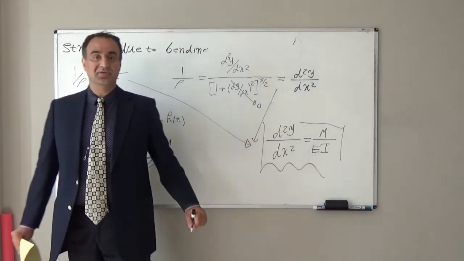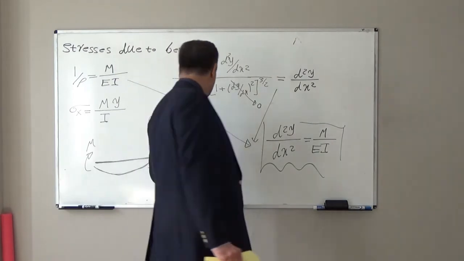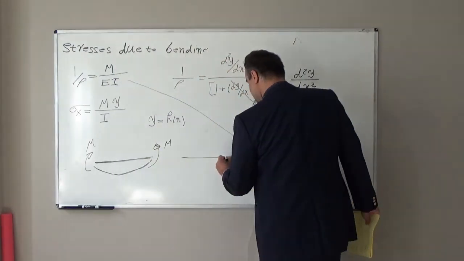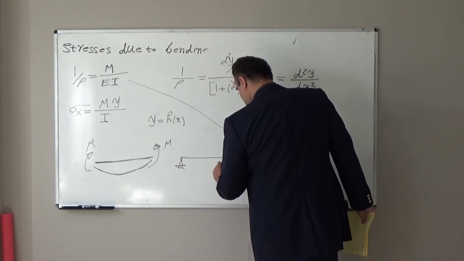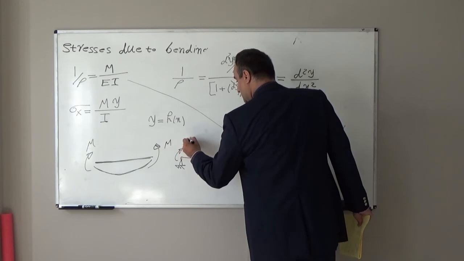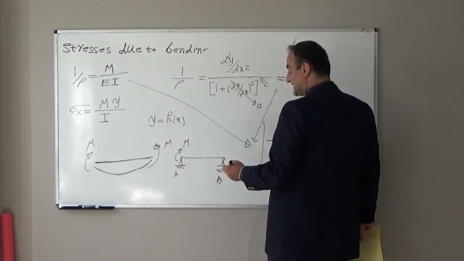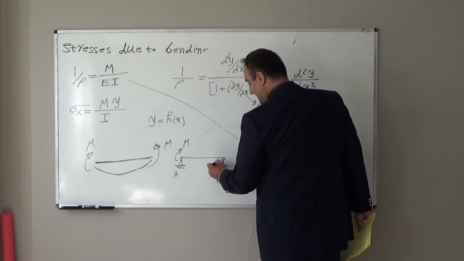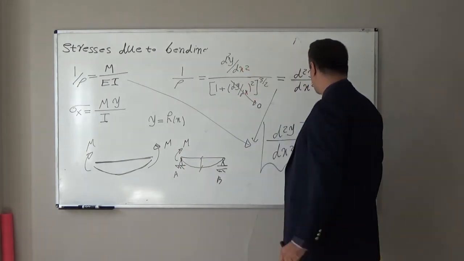Because if we want to find deformation for one beam, for example, we have a simply supported beam. I apply bending moment here. This is A, this is B. For example, I want to find deflection in the middle of the beam.